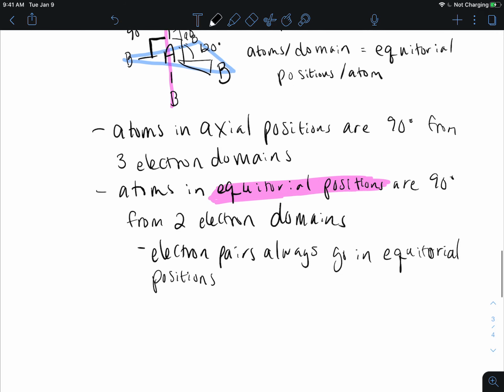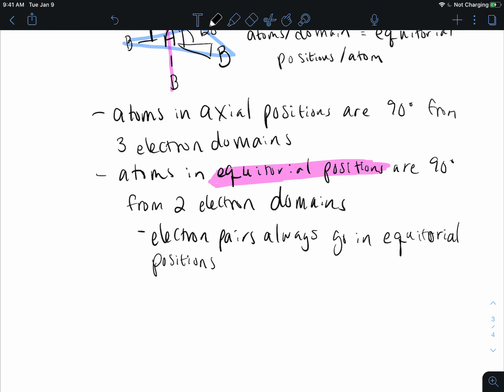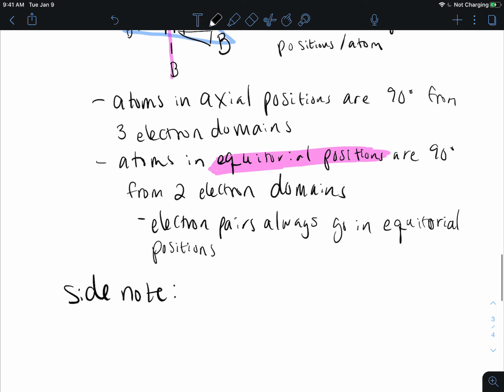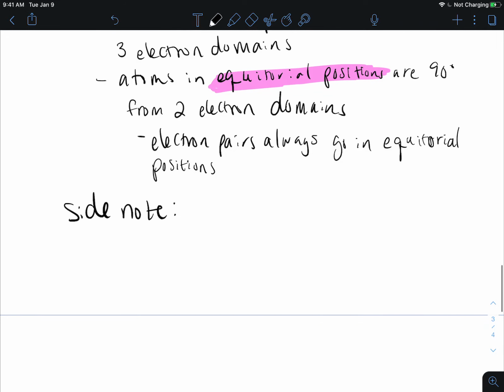So let's just, real quick, do a little side note about the effective nuclear charge that an electron pair feels, whether it is going to be a lone pair or a bonding pair.